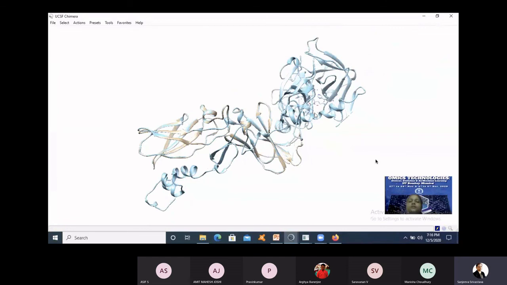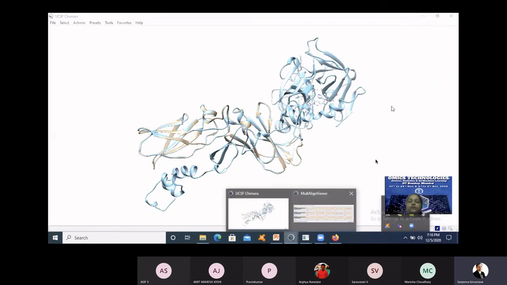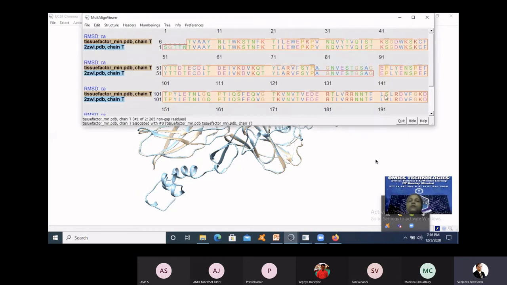We can color these chains in different colors, so then we can actually see the difference. In terms of sequence alignment also, we can see if there is any difference among the two sequences once we overlap it.